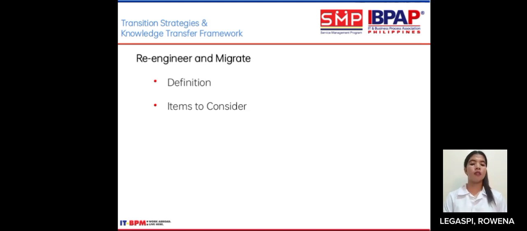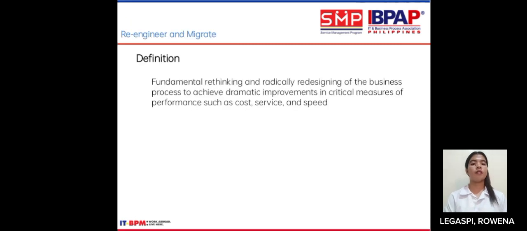Re-engineering and migrate. Definitions and items to consider. So, definitions. Fundamental rethinking and radically redesigning of the business process to achieve dramatic improvements in critical measures of performance such as cost, service, and speed. Fundamental rethinking and radical redesigning of business processes refer to a strategic approach aimed at transforming how an organization operates from the ground up.